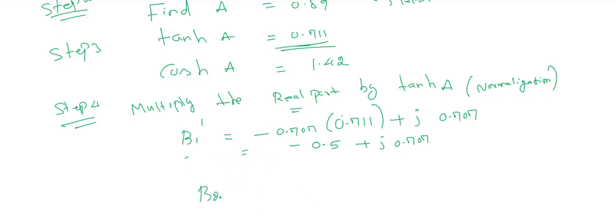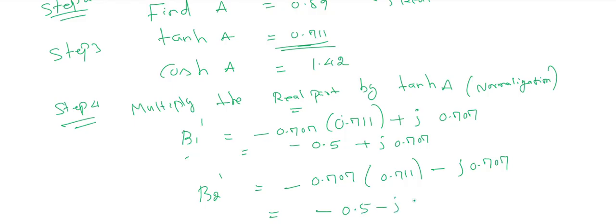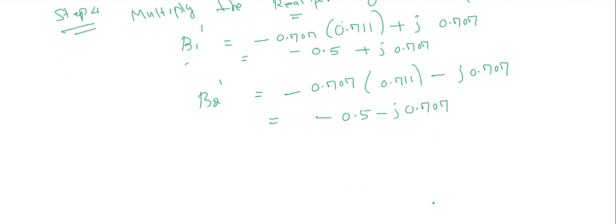So B2 dash is equal to minus the real part multiplied by the tan HA, minus j 0.707, which is equal to minus 0.5 minus j 0.707. So B1 and B2 are determined.